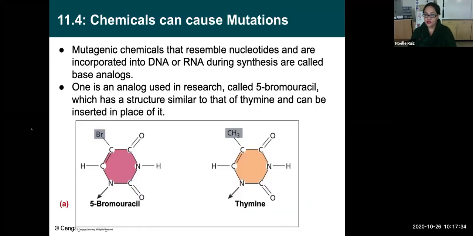Chemicals can cause mutations besides radiation. Mutagenic chemicals that resemble nucleotides and are incorporated into DNA or RNA during synthesis are called base analogs. One is an analog used in research called 5-bromouracil, which has a structure similar to that of thymine and can be inserted in place of it. So if you get exposed somehow to 5-bromouracil, there is a chance it could replace a thymine in your genome.